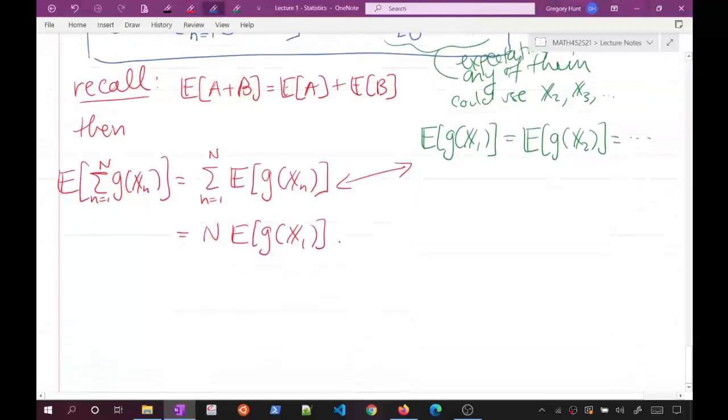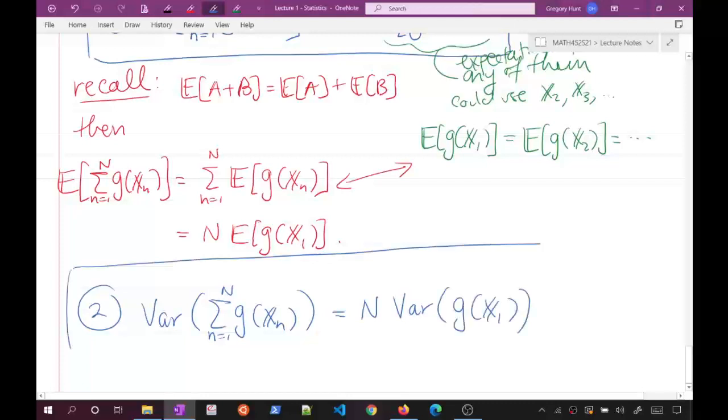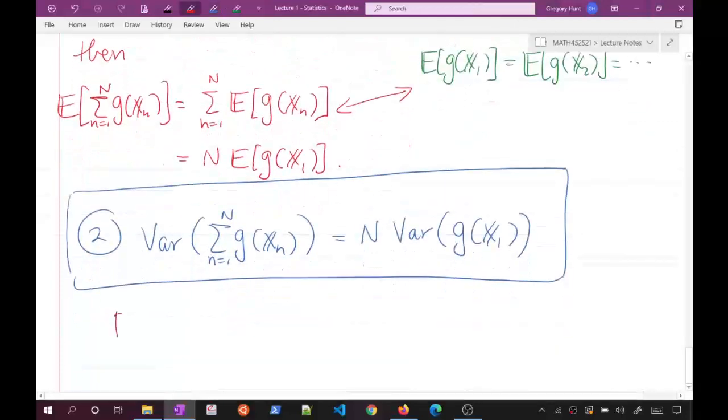We can come up with a similar theorem for variances, which is that the variance of the sum of a function of these things is n times the variance of any of them. So this is the variance version. Proof.